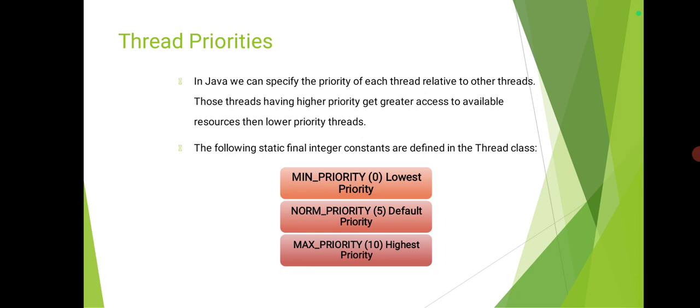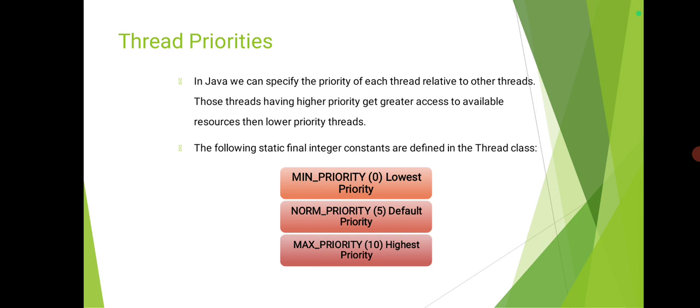In Java, we can specify the priority of each thread relative to other threads. Threads with higher priority get greater access to available resources than lower priority threads. Here we have constants like minimum priority, normal priority and maximum priority. Here we define 0 as low priority, 10 as high priority, and normal priority is 5.